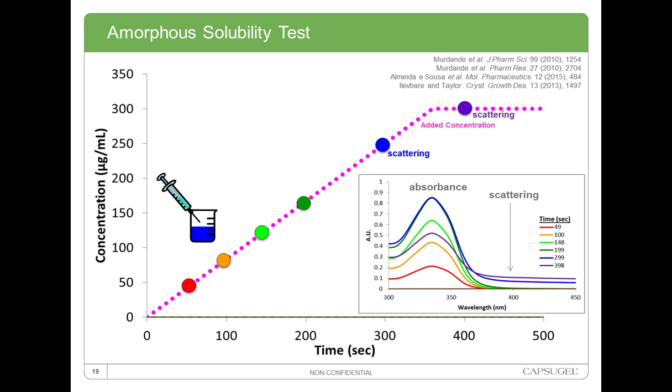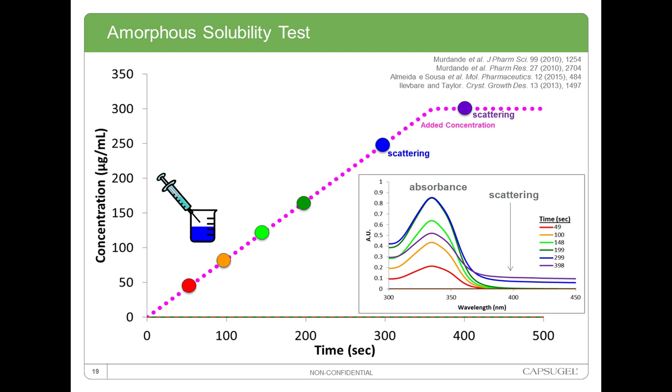Here on the x-axis is simply the time of the test, and on the y-axis is the added concentration. Then what we do is we look at the UV signal that's generated in solution, and we see that as we add more and more drug, there's obviously more and more drug dissolved up to a certain point where we begin to see scattering. So here you see that first in the blue curve.